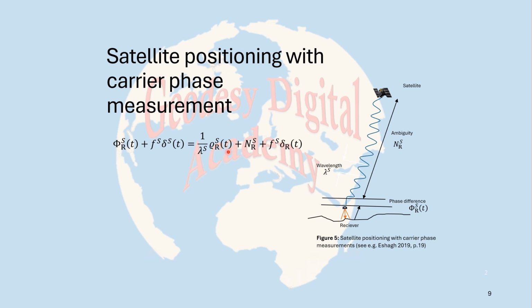But the question is, we have these ambiguity parameters here. Can we estimate these ambiguity parameters by adding more satellites, as we do for code measurements? The answer is no, because each satellite that you add to this system of equations will add an extra unknown for you.